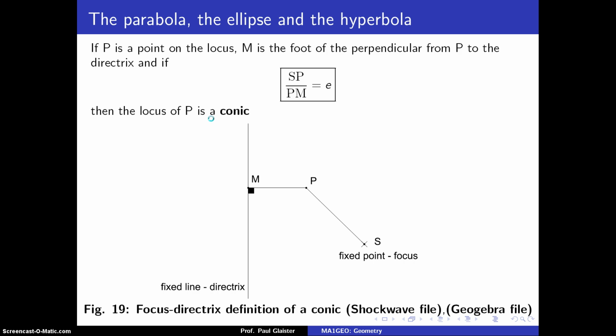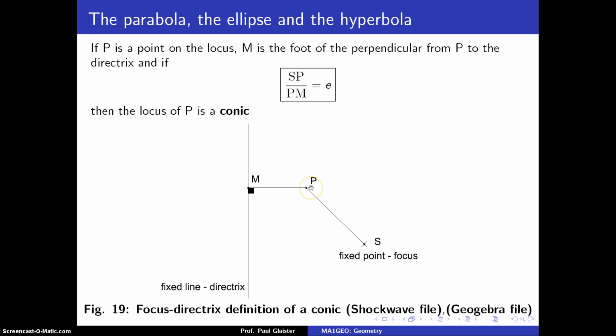So on this diagram here we see a fixed point S, the focus, a fixed line called the directrix, and we take a typical point P, which is going to be on the conic section, be it a parabola, an ellipse or a hyperbola. Now when we talk about the distance from a point on the locus to the fixed point S, the focus, that's clearly this length.